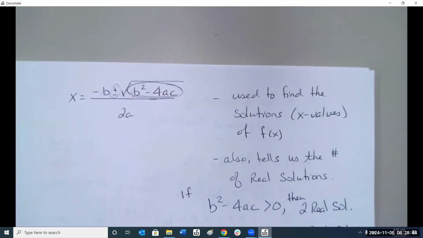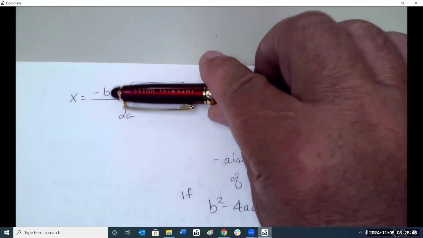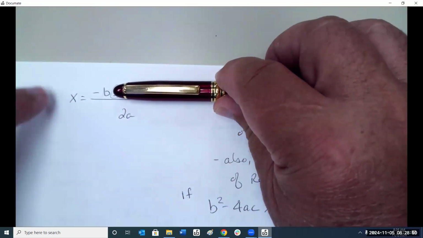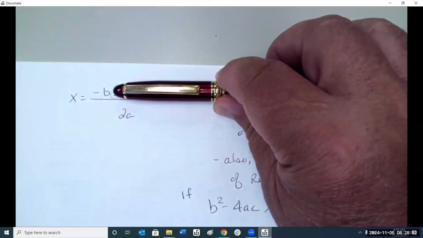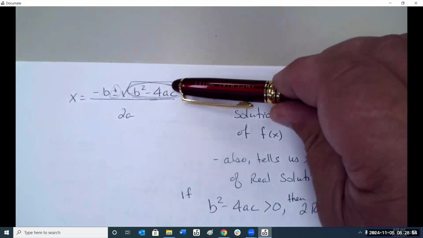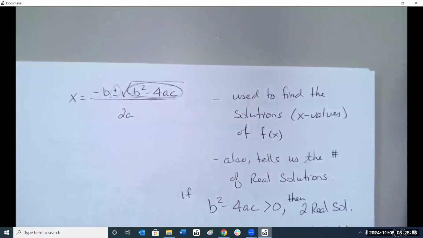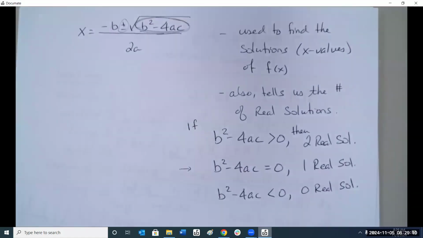So that's two possibilities. If it equals 0, that number's gone. So all we have left is negative b over 2a, which only gives us one solution. If it's negative, that means it's imaginary. Then we have no real solutions. It never crosses the x-axis. It's somewhere out in the ether. So that's pretty important in itself. We're interested in this one, the middle one.